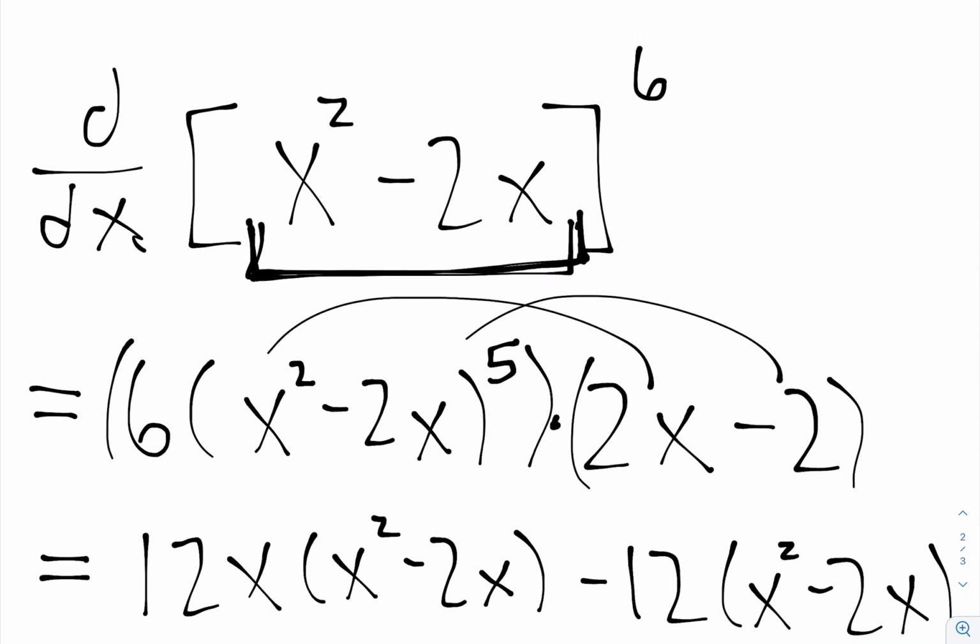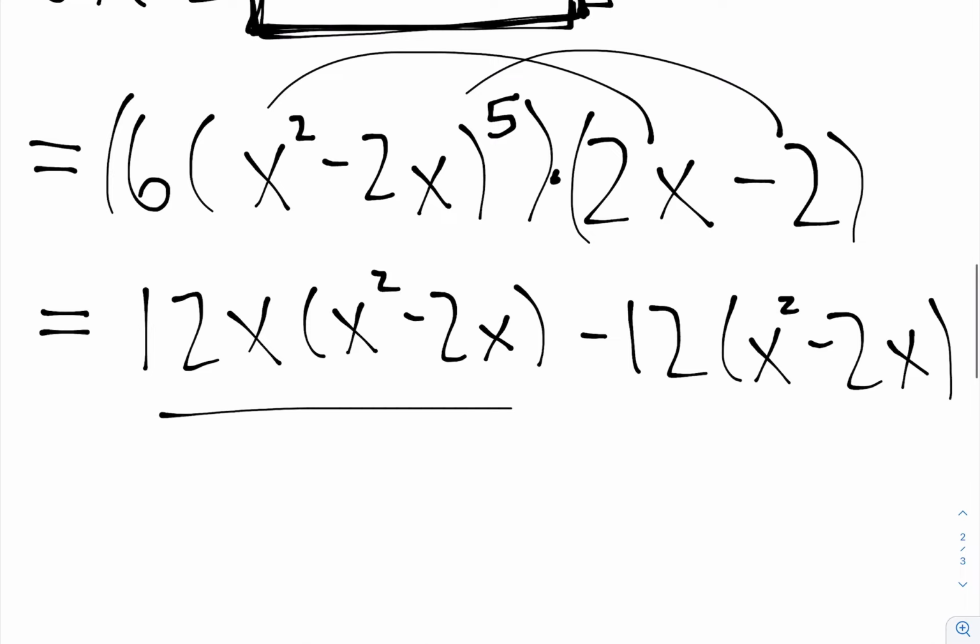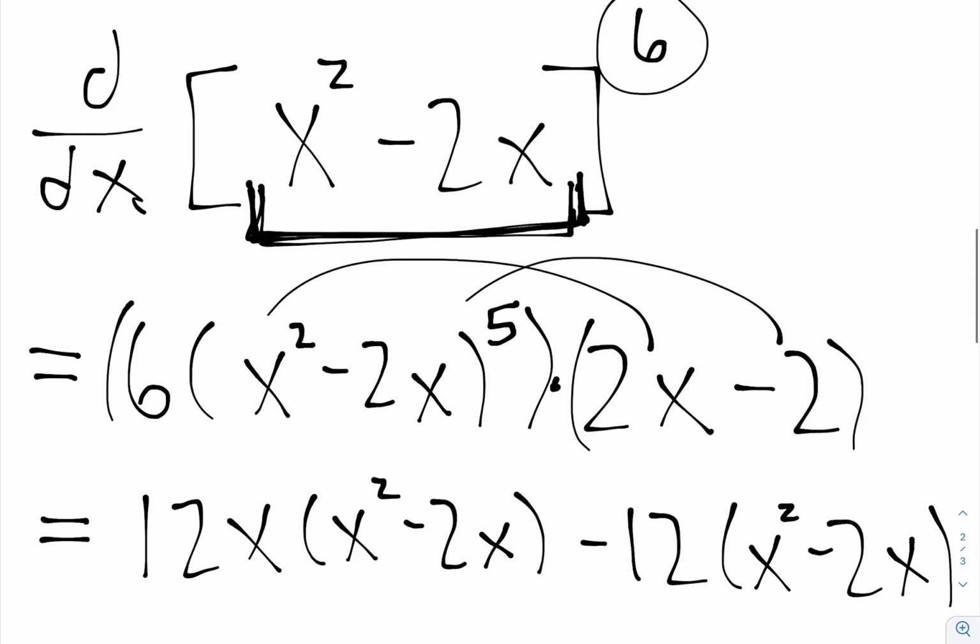Okay, and we could also solve this problem by multiplying x squared minus 2x by itself 6 times, because that's really what taking something to the power of 6 is doing, and we would get the exact same answer. Except it would probably take you about 20 minutes to expand all this out and then take the derivative of each individual thing, and no one likes to do that.